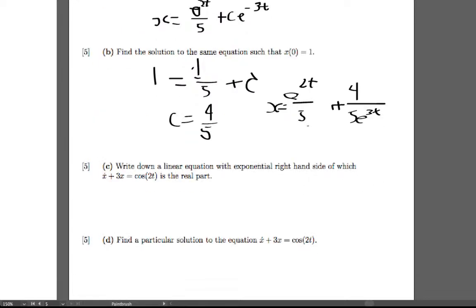Part C. Write down a linear equation with exponential right hand side of which x dot plus 3x equals cosine 2t is the real part.